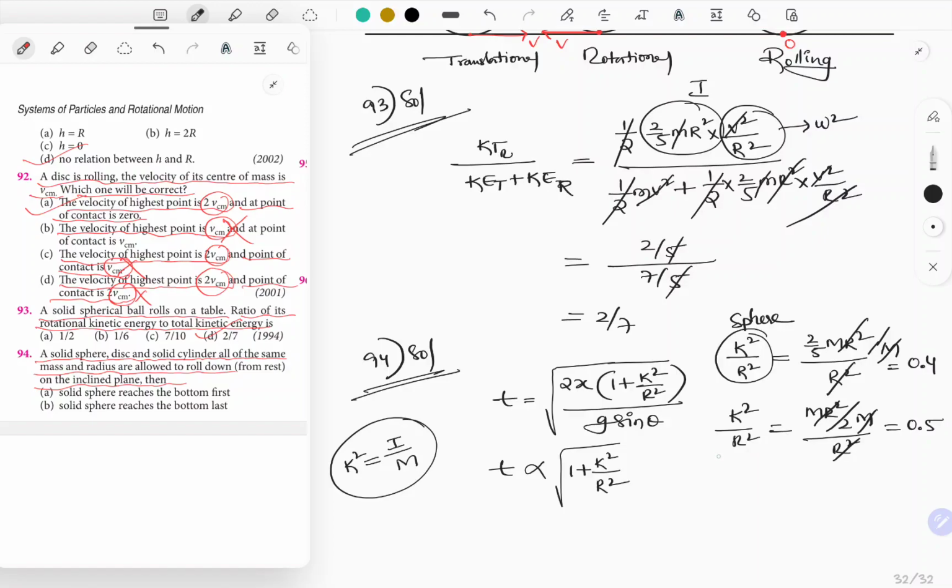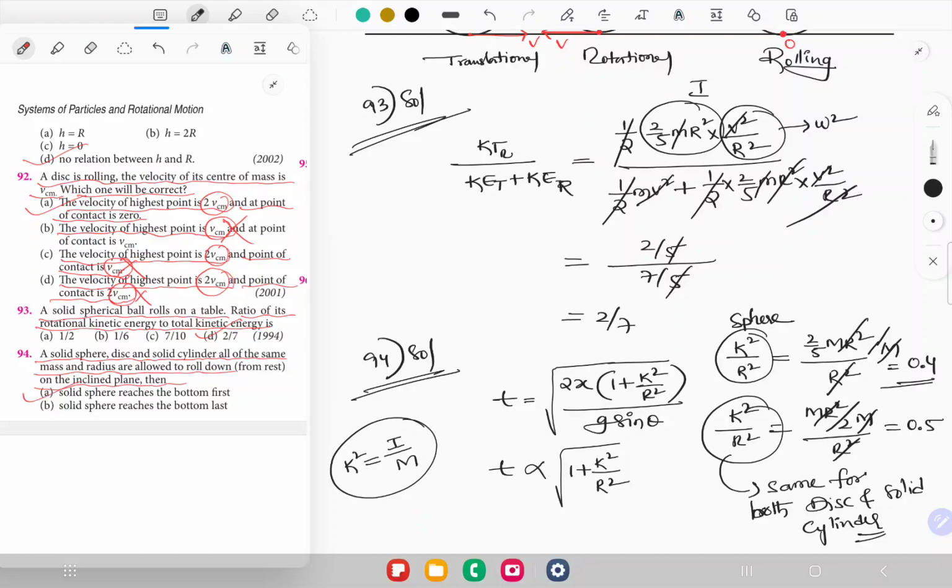Next, solid cylinder will also have the same. So k square by r square is the same for both disk and solid cylinder. Now if you observe, k square by r square ratio is 0.4 for sphere, and that is the minimum value. So solid sphere will reach the bottom first. Option A is correct. Super.